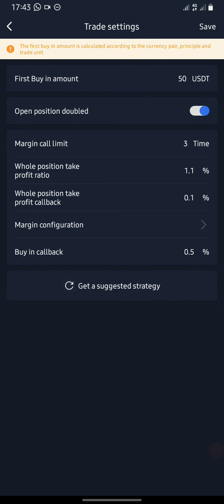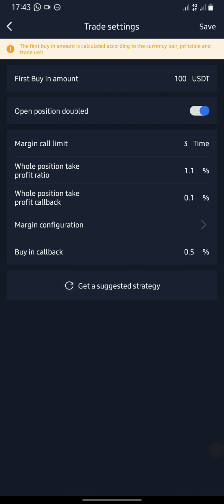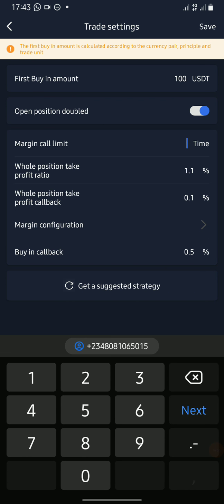Let's go to somebody who wants to trade with $1,000 now. All right. Here for $1,000, I will say put 100. Open position double as well. Okay, yeah, open position double, that will be 200 in first buy alone. Then you can go for 4 calls.